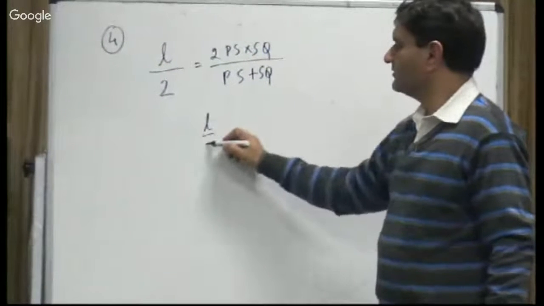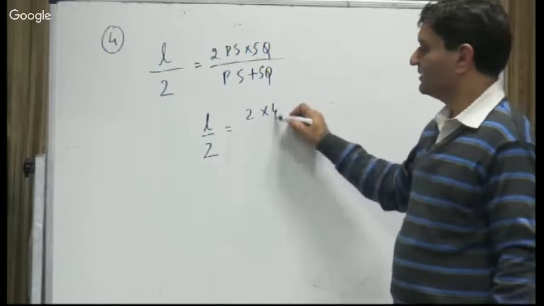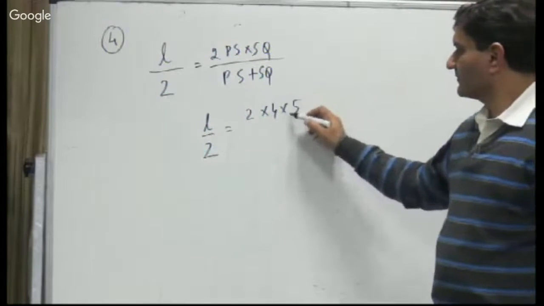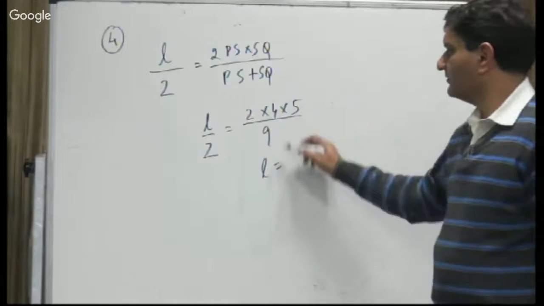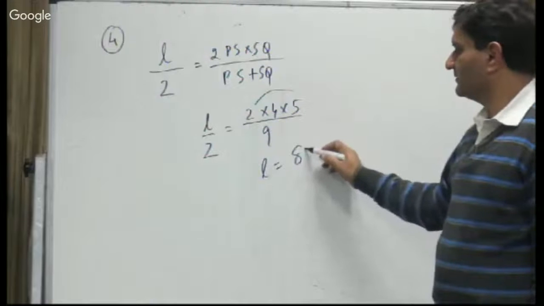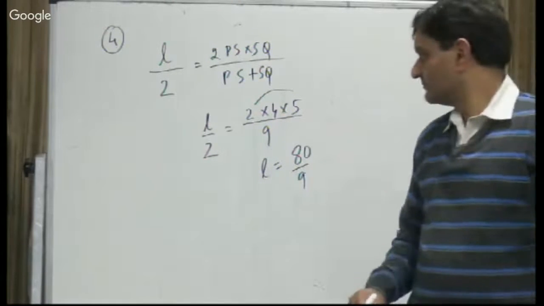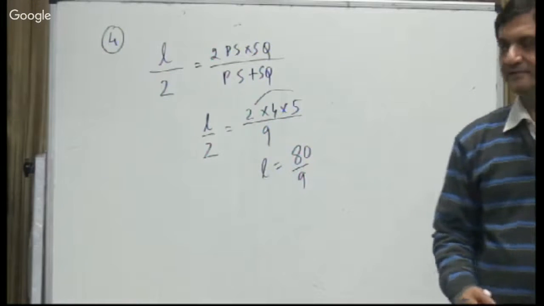Now L by 2 is equal to, what is PS? 4 units. And SQ is 5 units. So 40 by 9 is L by 2. So L will be 80 by 9. So the right option is D.